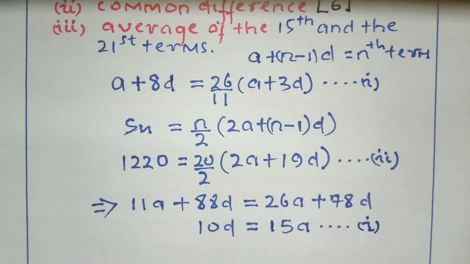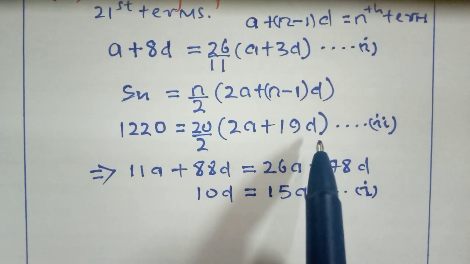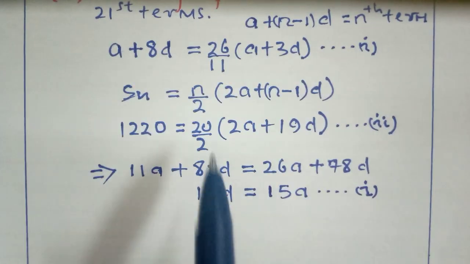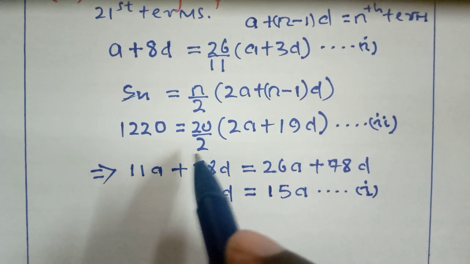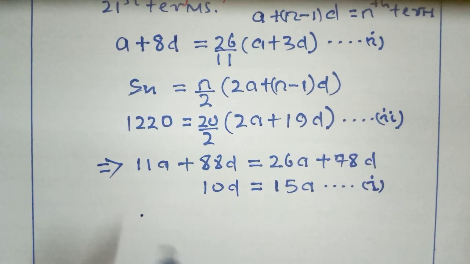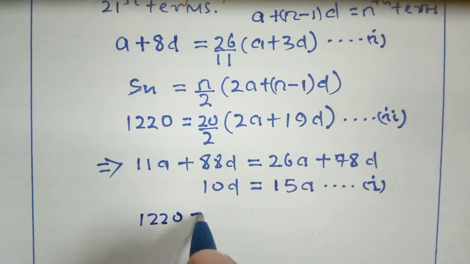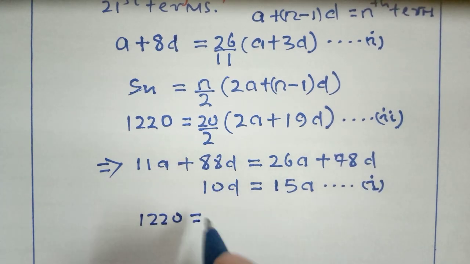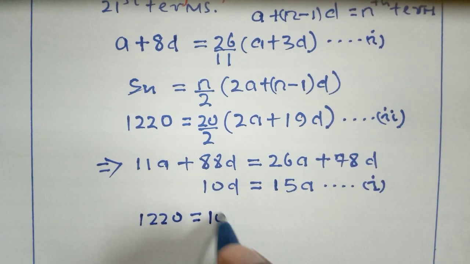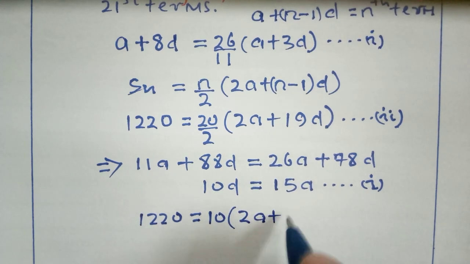Let's now go to the second equation, which is this. We can divide this one so that we now have 1220 is equal to 20 divided by 2, which is 10, then we have 2a plus 19d.